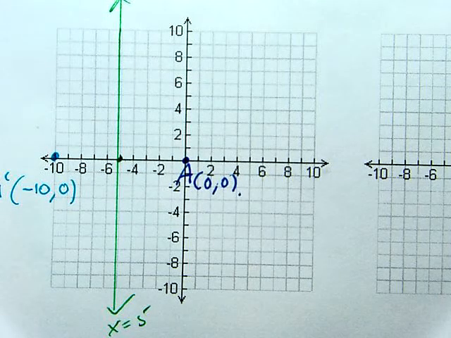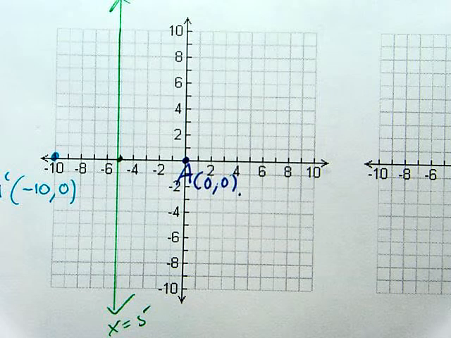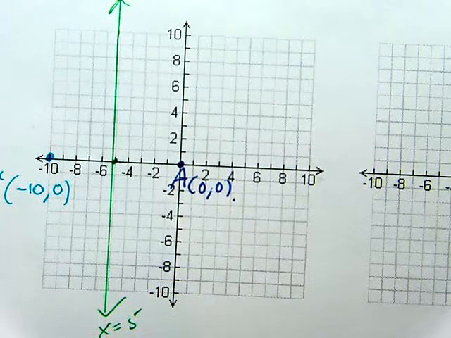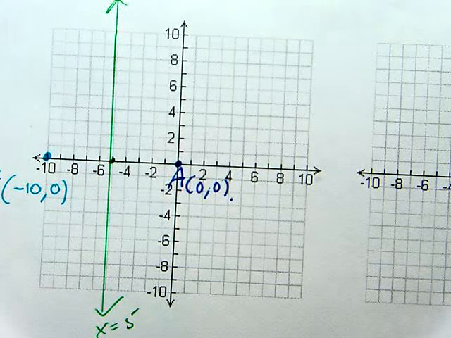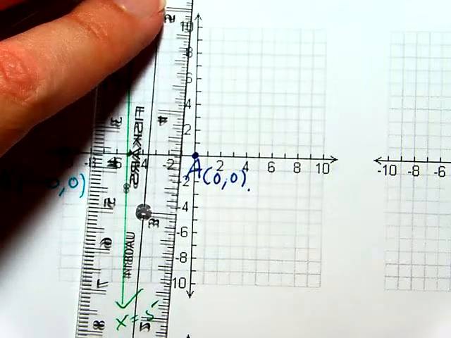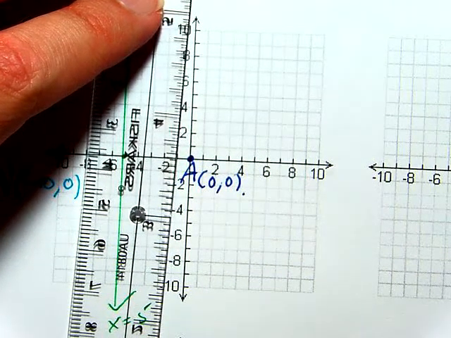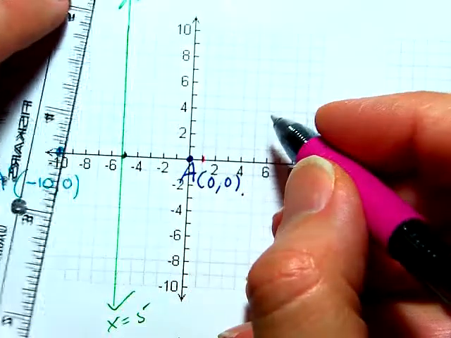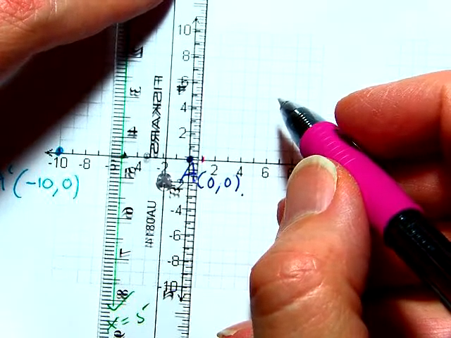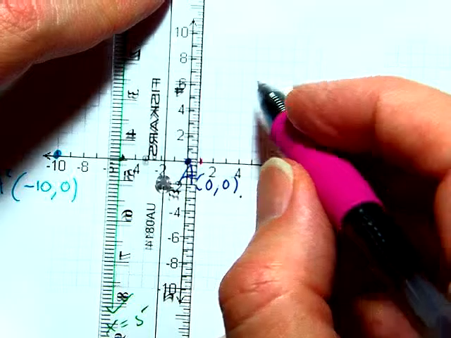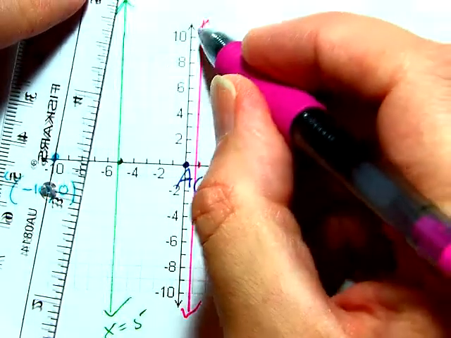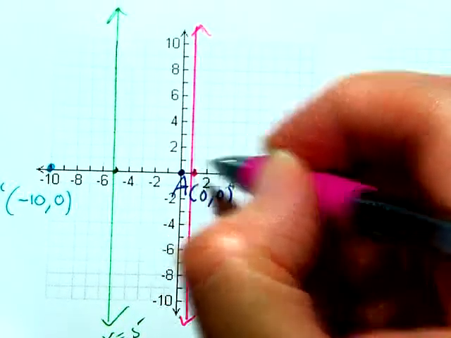The next part of the problem says that this then has to be reflected across the line x equals 1. So let's draw the line x equals 1, where x is equal to 1, parallel to the y-axis. It should really go through this point.